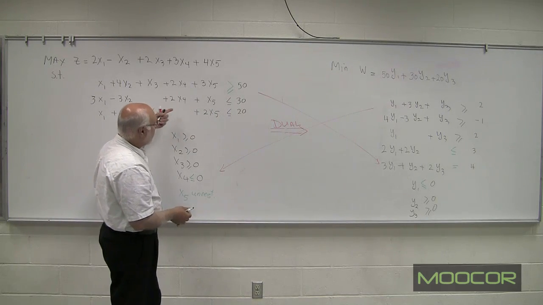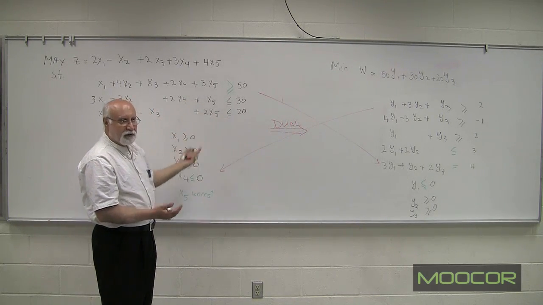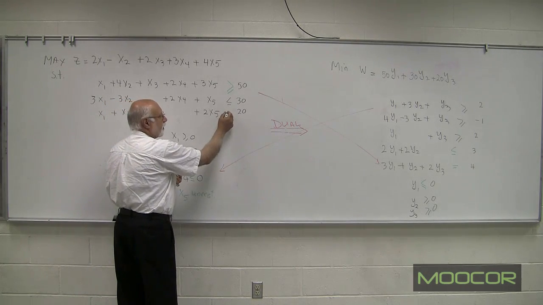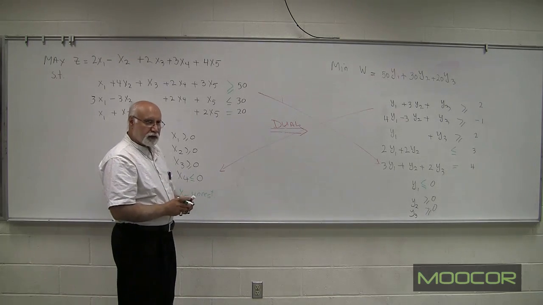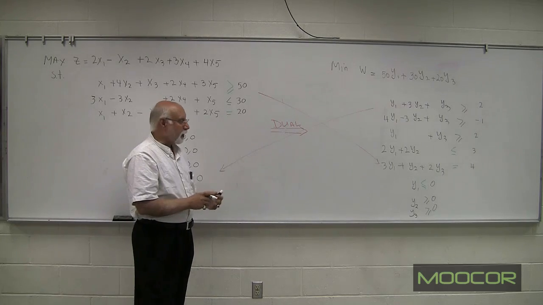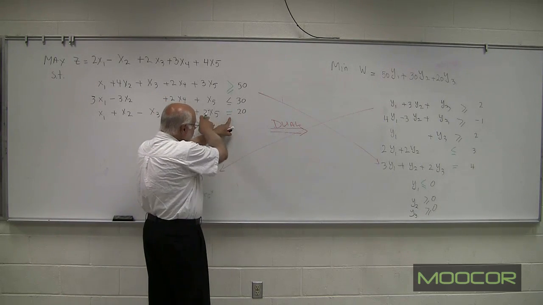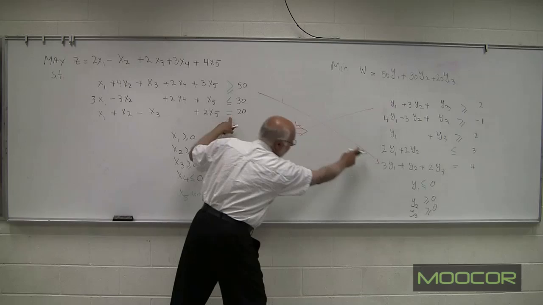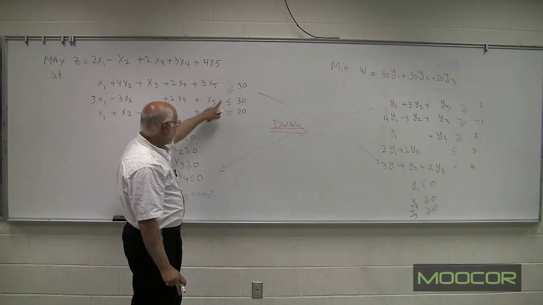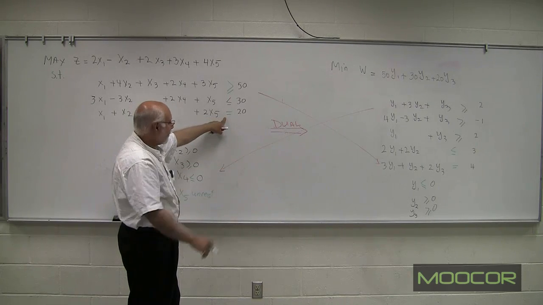What if we have one of these constraints in the form of equality? Let's say that this one was in the form of an equality sign. This is an equation by itself. So associated with this, remember, constraints are associated with the variables.